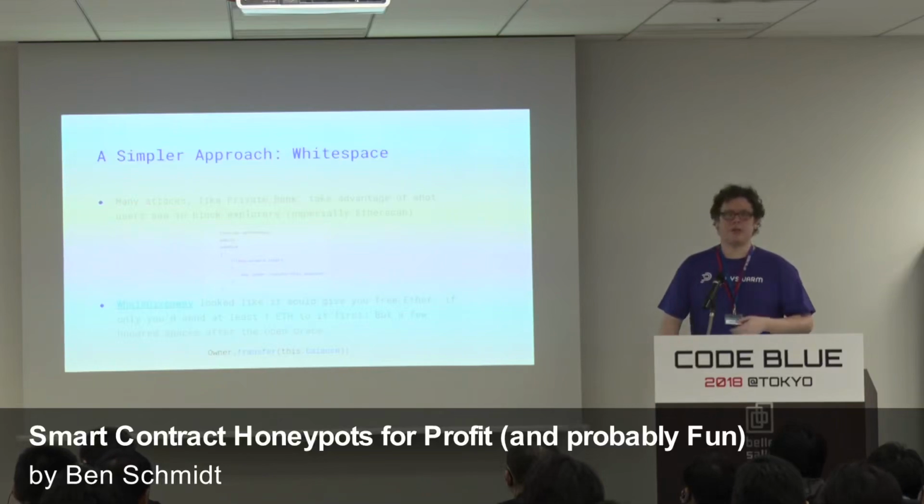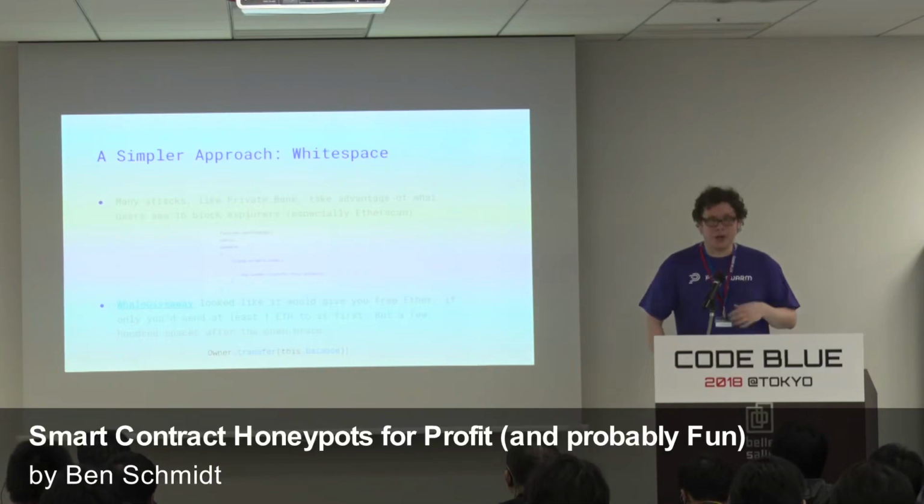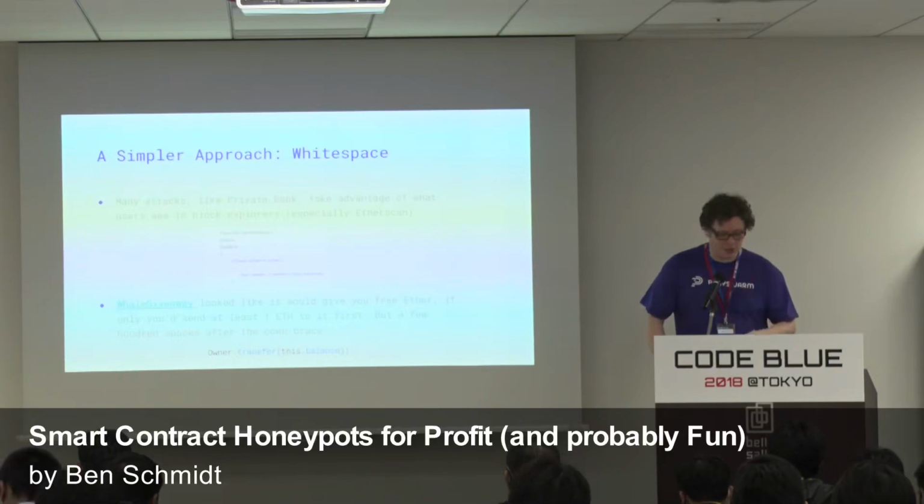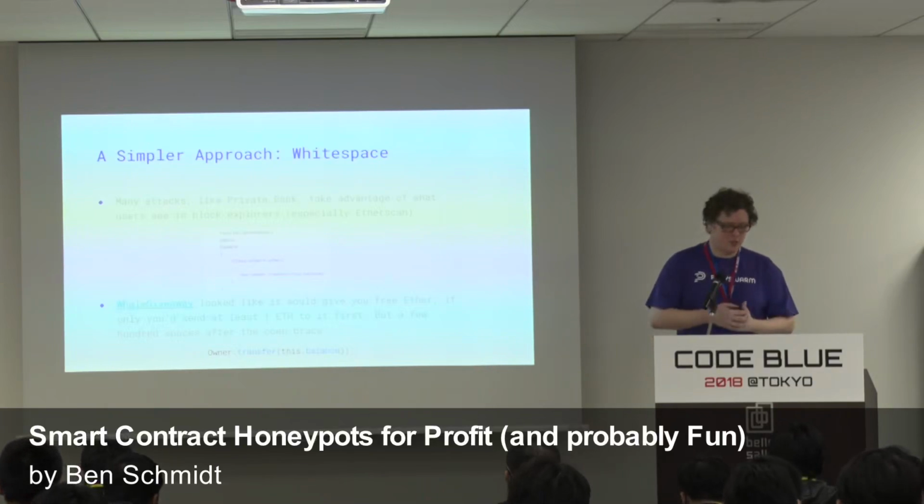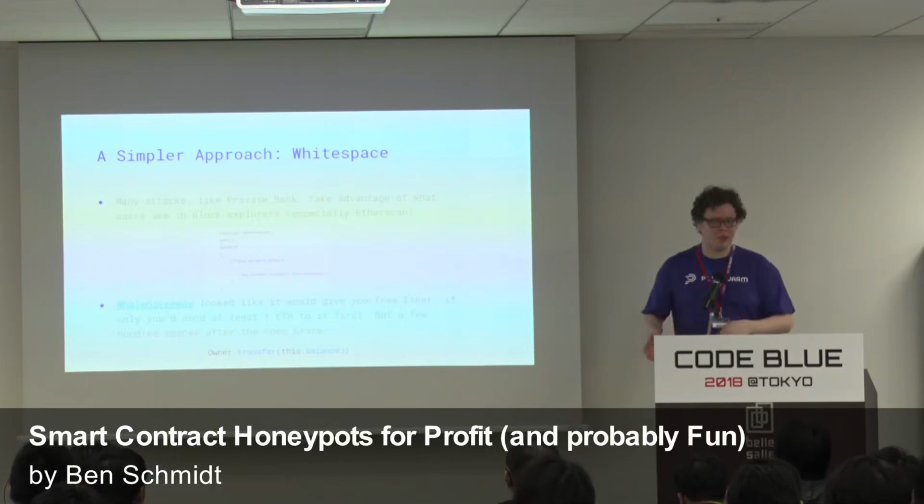When you looked at it, it looked like as long as you sent one Ether into it, it would transfer the entire balance of the contract back to you. In actuality, however, hidden off thousands of spaces to the side was a check that only allowed that function to be called by the owner. So basically, it would send the entire balance of the contract to the person who deployed it rather than sending it to you.